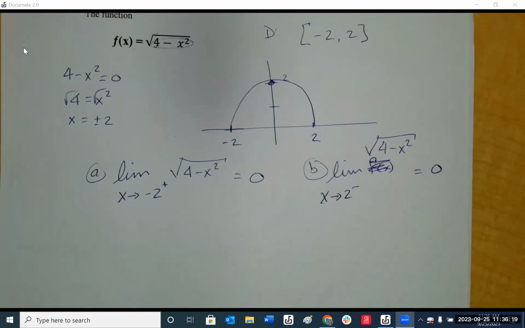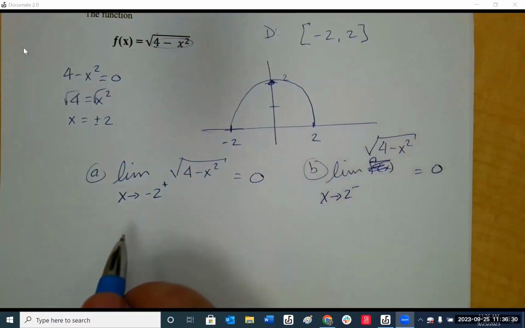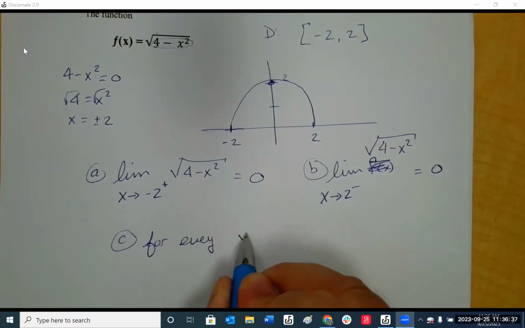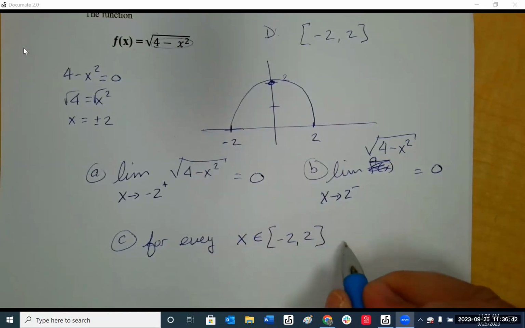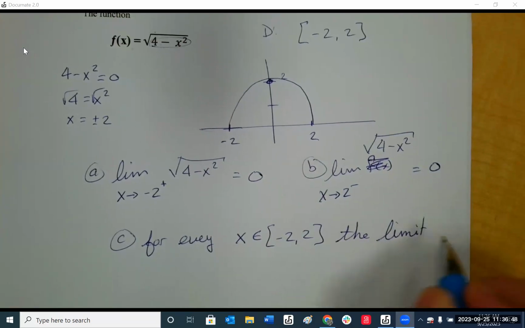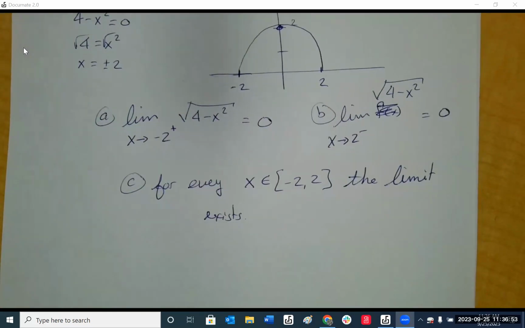And now every point in between there, what happens? It's positive. Well, the limit exists at every point between there. So for every point between -2 and 2, it exists.